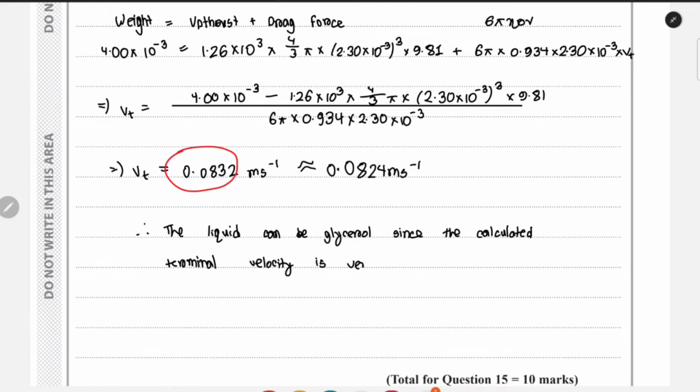We can write it's very close to the measured terminal velocity.